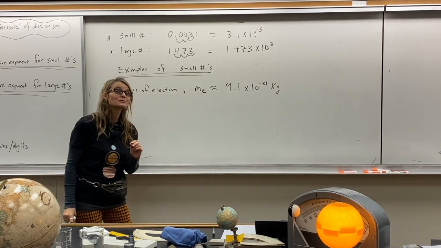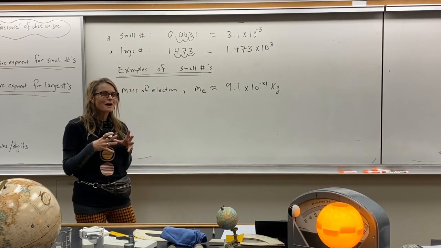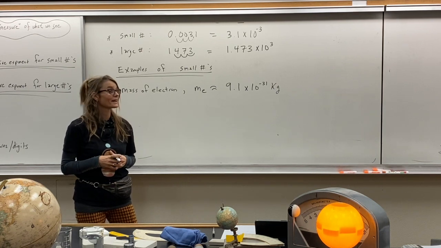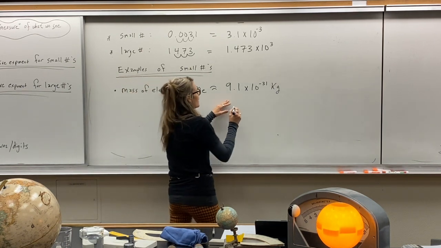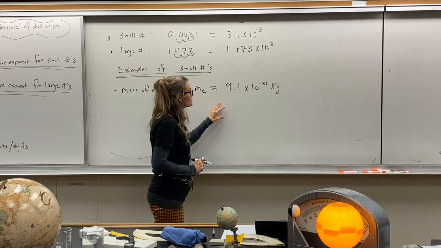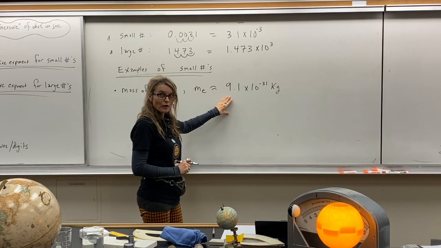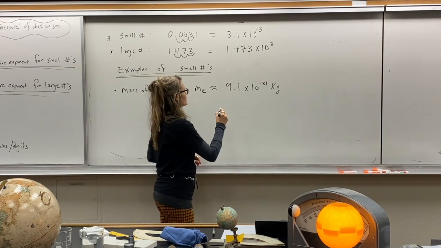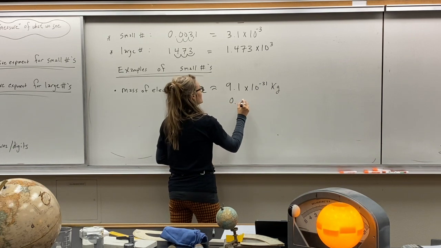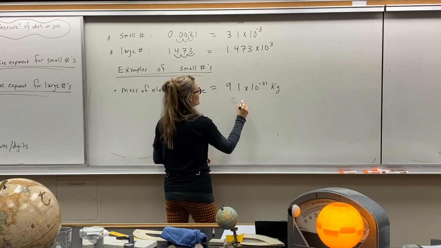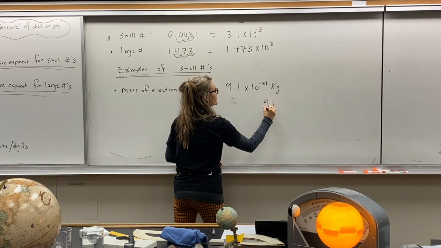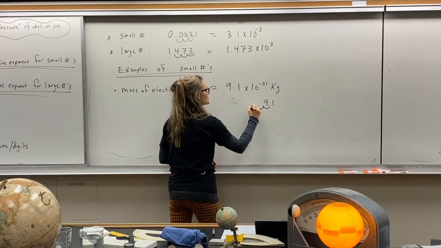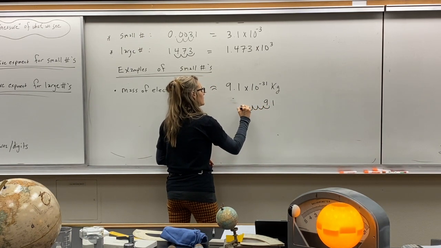That's really, really small. So it takes a lot of electrons to make up 1 kilogram. So if you were to write this out in decimal form, you would see the utility of scientific notation. This would be like 0. If I move this decimal, let's see, 9.1, I go 1, 2, 3, 4, 5.